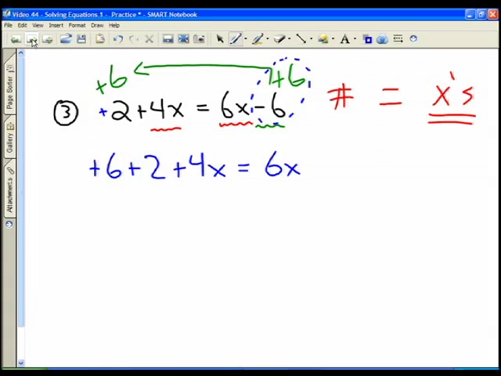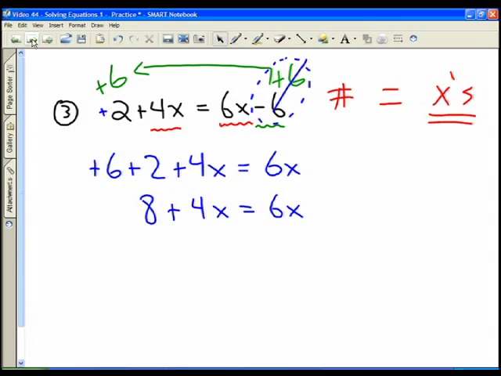And then I had -6 plus 6, which again, I'm not going to write on the next line, that's equal to 0. And now I can clean up this left side by combining my numbers. 6 plus 2 is 8. So I get 8 plus 4x is equal to 6x.